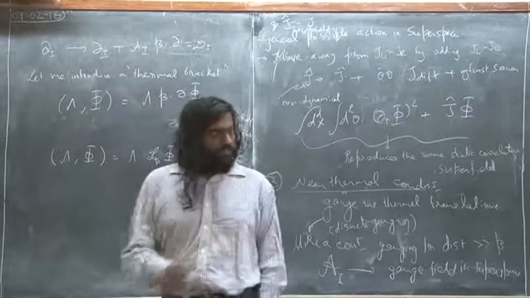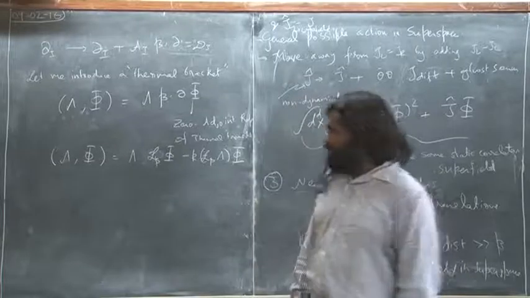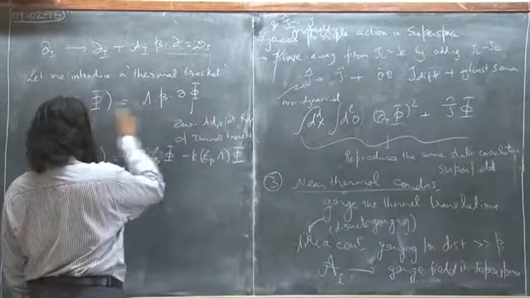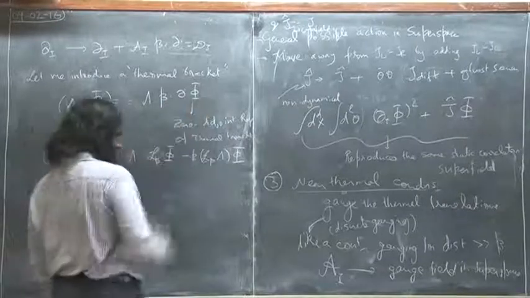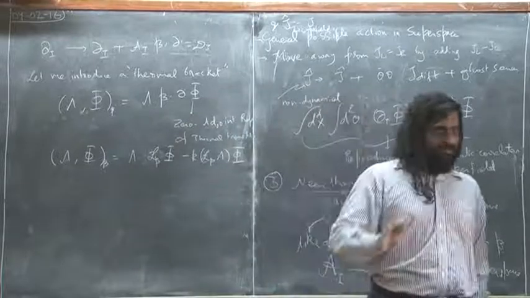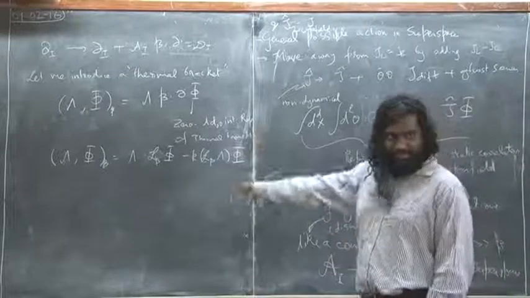Sorry, zero representation? What is that? This is the definition: a field on which the thermal bracket acts like this. That is, the thermal translations act in the most intuitive way, lambda beta dot del phi.